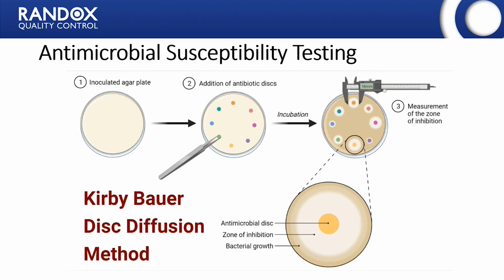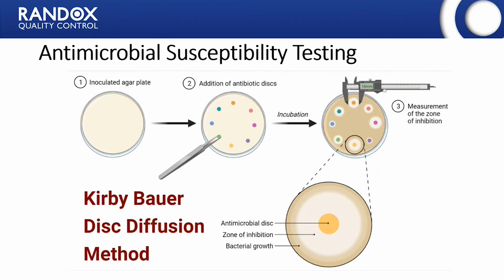So what you do then is measure the size of this area and record that, and this will give you whether the microbe is susceptible to that antibiotic or not.